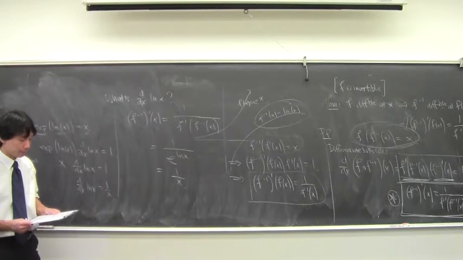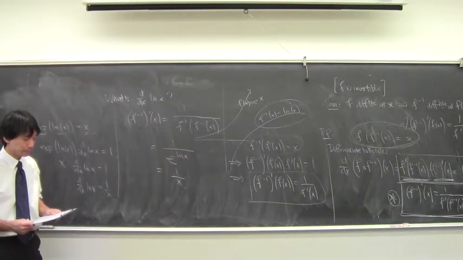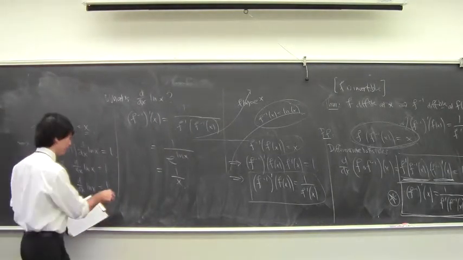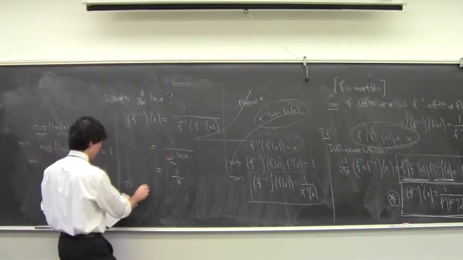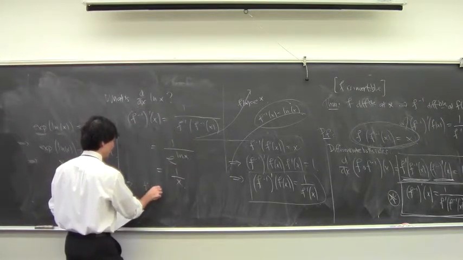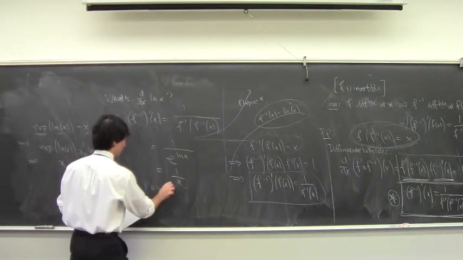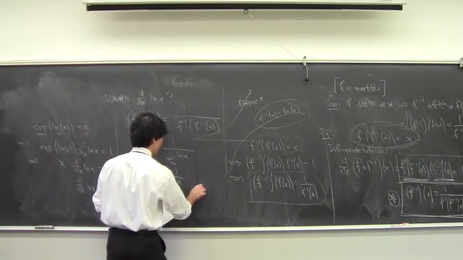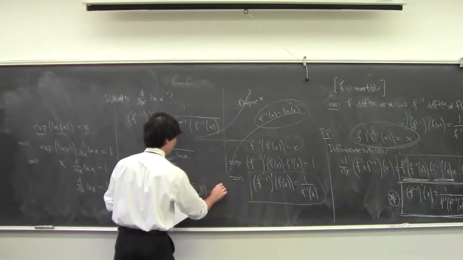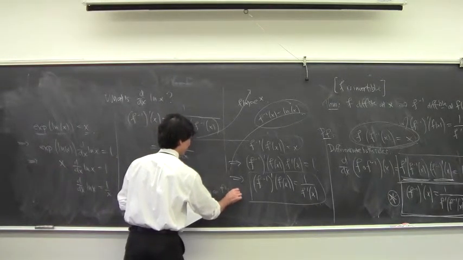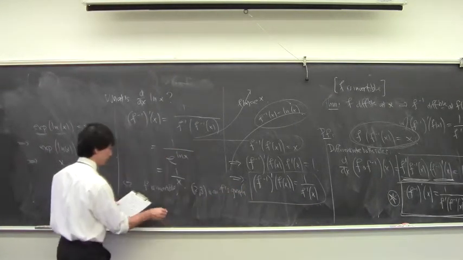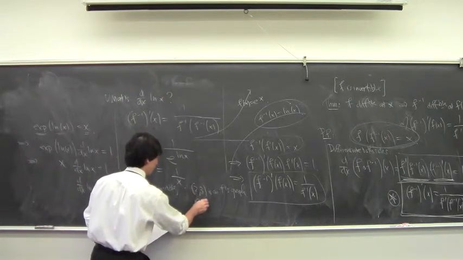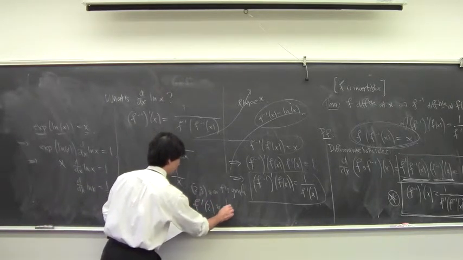Okay, let me give you one problem to try. Suppose that f is invertible and that the point 2, 3 is on f's graph. And you know that f prime at 2 is 1/7.